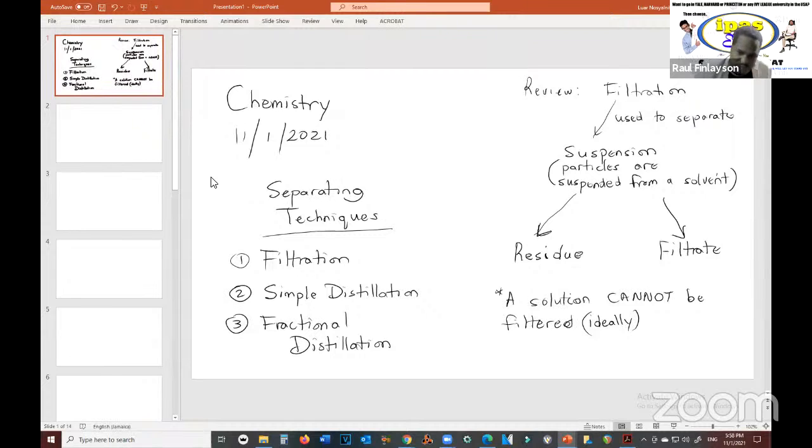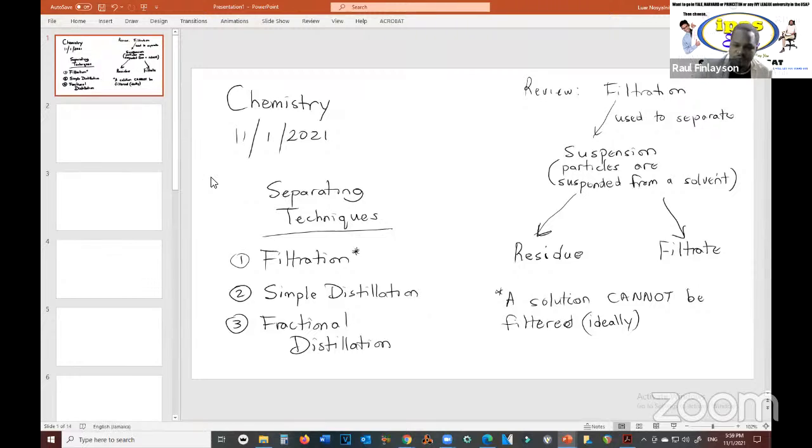In terms of SBA purposes, we would have to do something on filtration. Distillation and fractional distillation are not compulsory for the SBA, but they expect you to at least see a demonstration of it and to be able to explain it. So we're going to do that.